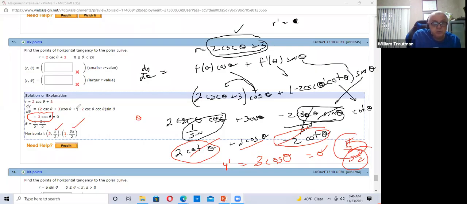Okay, so to get the 5 part here, that's the r, don't forget. R equals 2 cosecant, and we're talking about the first one, pi over 2, cosecant of pi over 2 plus 3.